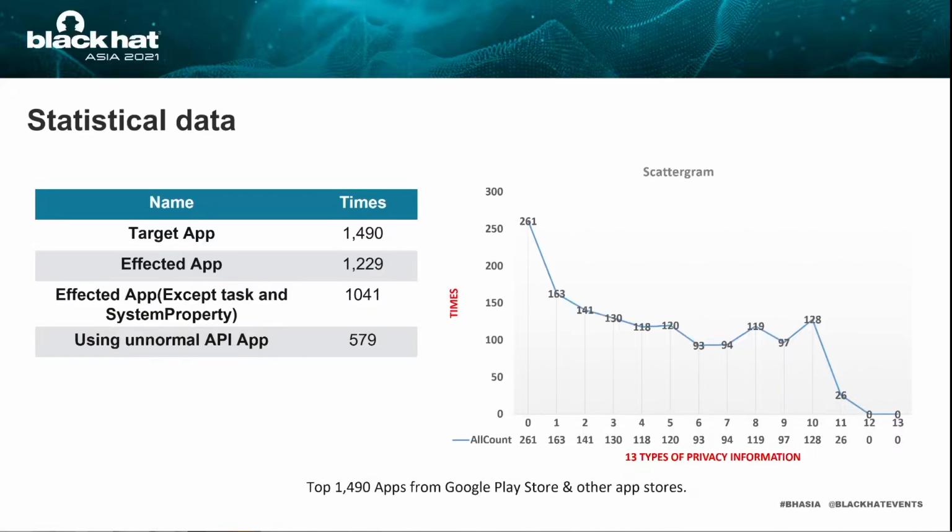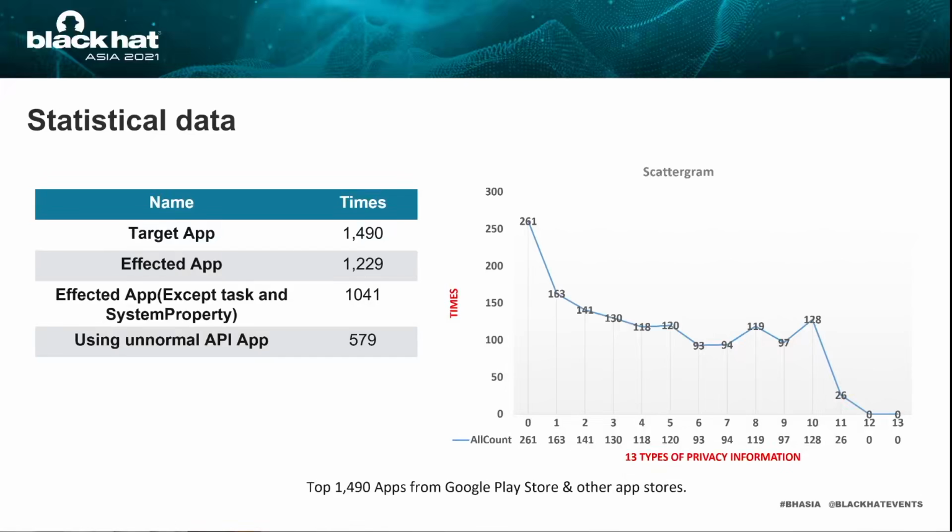The two pictures show the statistical results of our test. We found a total of about 1,000 applications call some privacy-related functions, even except task and system property, in which there are also 579 applications using abnormal ways to get the privacy information.